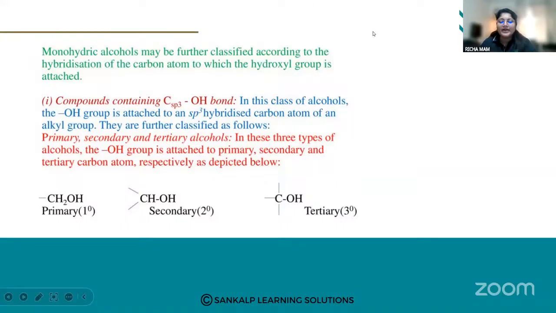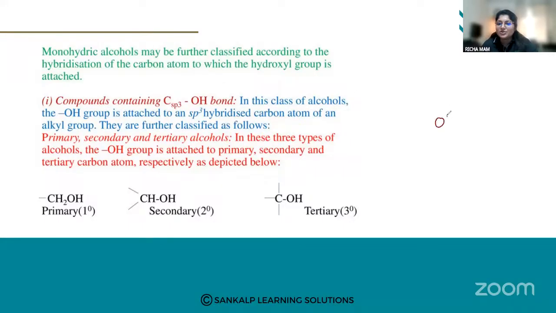These monohydric alcohols are further classified based on the hybridization of the carbon where the OH group is attached. The first classification was based on the number of OH groups. Now we are classifying based on the type of carbon.